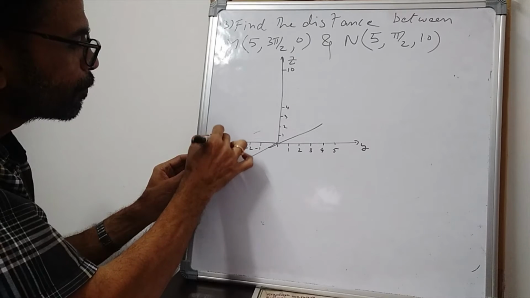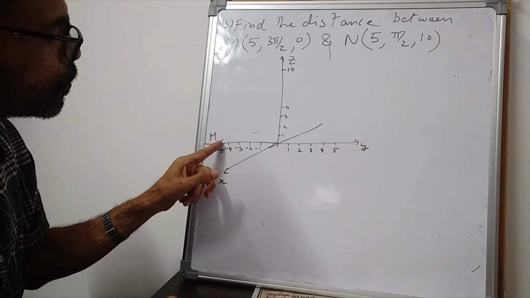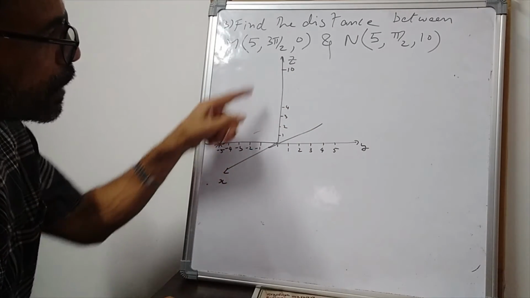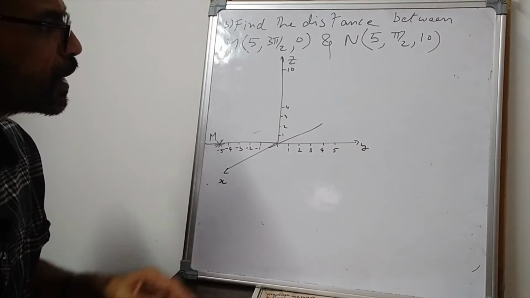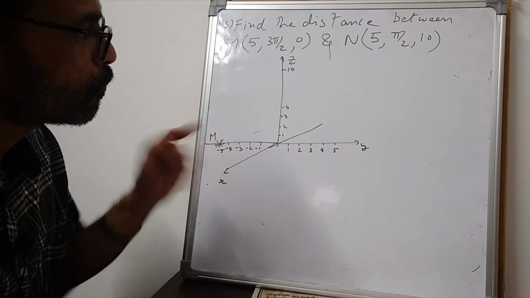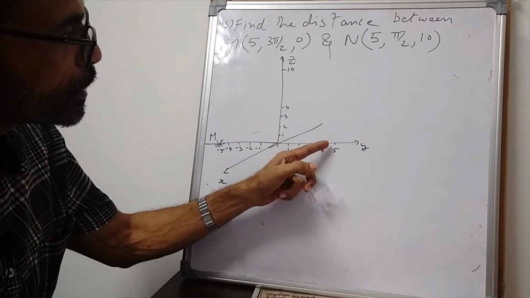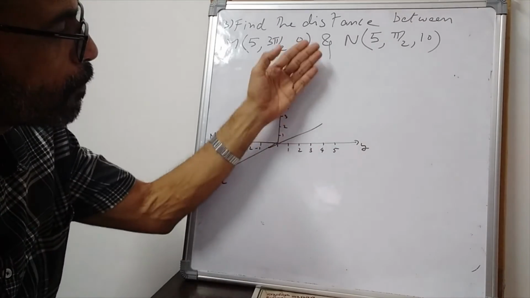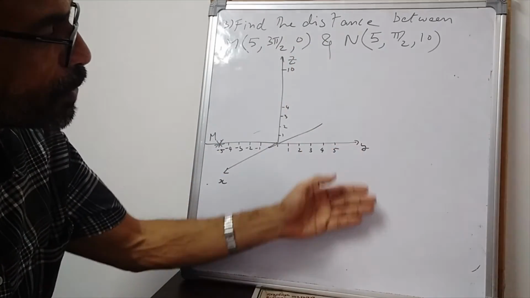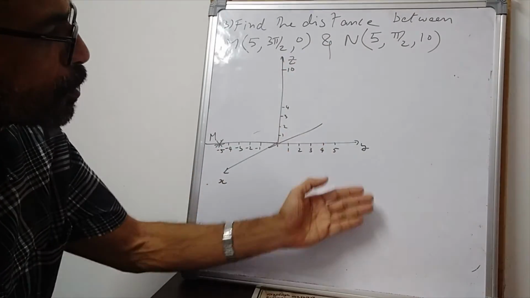So this is M. You can see that the coordinates are rho equal to 5, phi is 3 pi by 2 and z is 0. And the other point, similarly, has rho equal to 5, phi is pi by 2. That means you are again on the YZ plane, but now on the positive side of the y-axis.